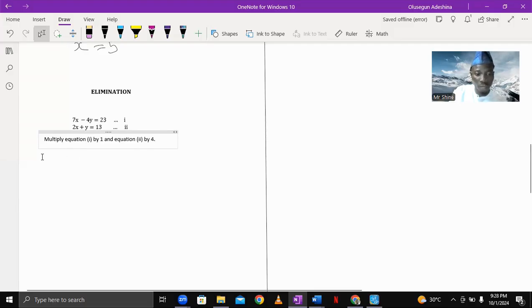This is what we mean by that. 1 multiplies equation 1, and equation 1 is this. Okay, let me just type that.